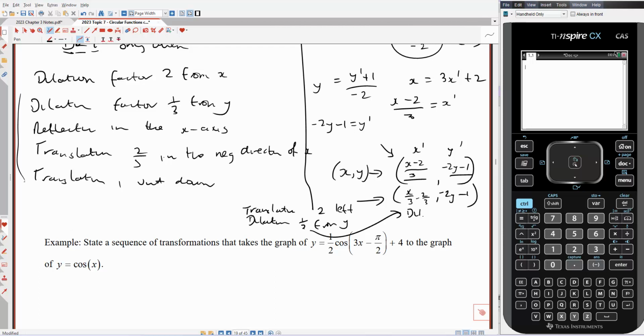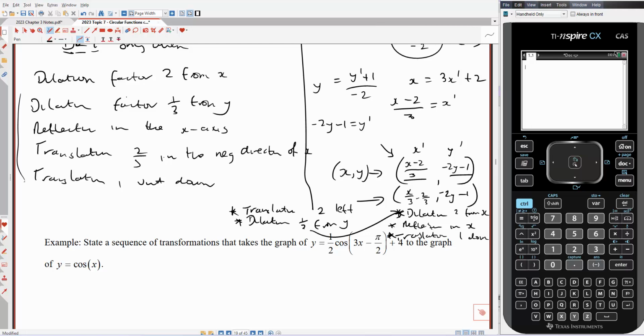So we've got the dilation 2 from x, reflection in x, shocking handwriting, translation 1 down. Okay, so that would also be a perfectly correct answer. Nothing wrong with that.